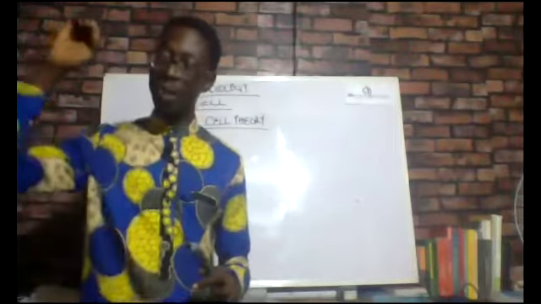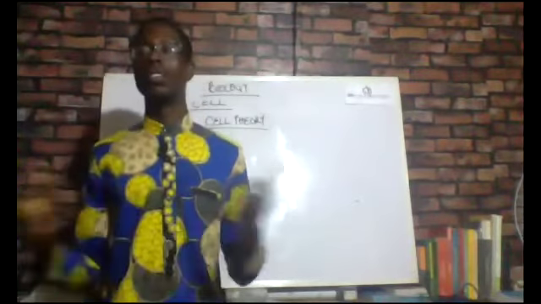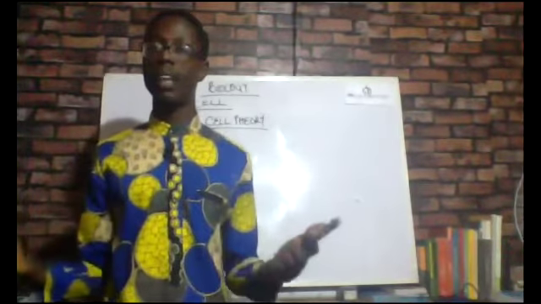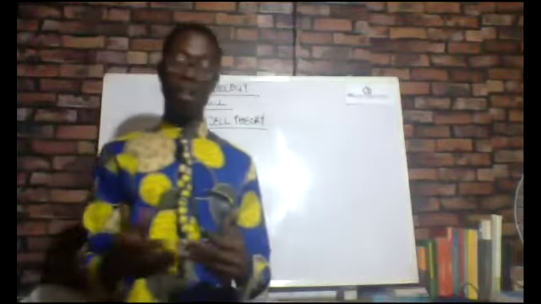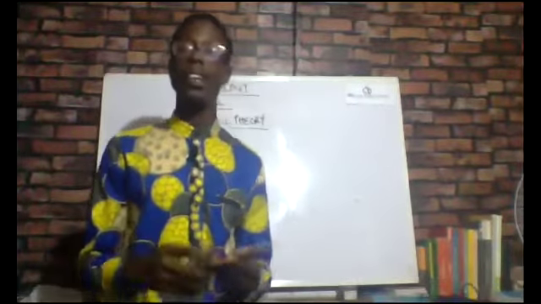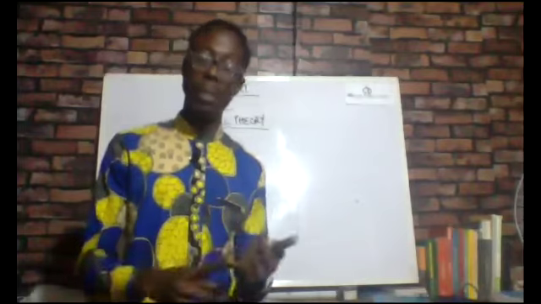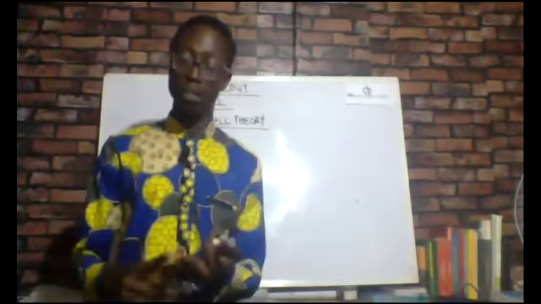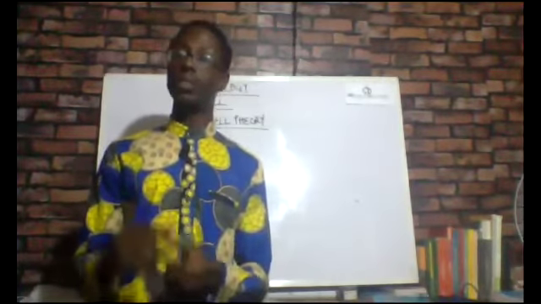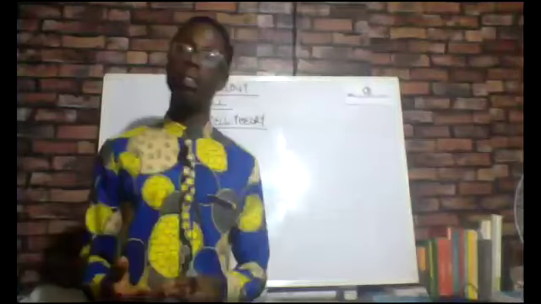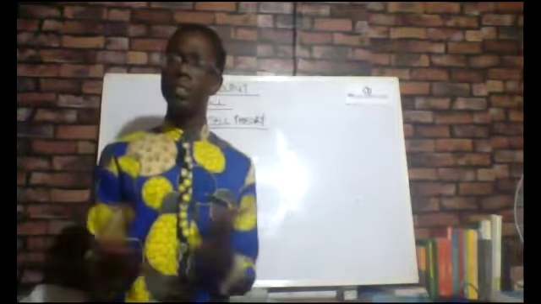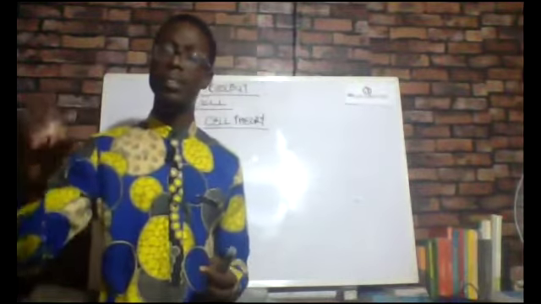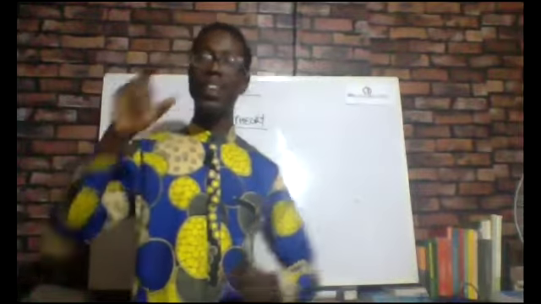In what you learned in primary school basic science, you learned the characteristics of living things in the form of this acronym, Mr. NIGER D. You have movement, respiration, nutrition, irritability, growth, excretion, reproduction, and eventually death. All these characteristics can be exhibited by a single cell.